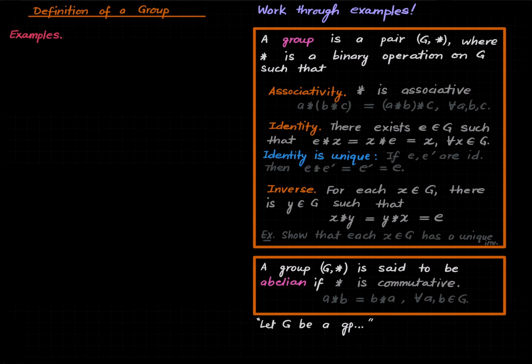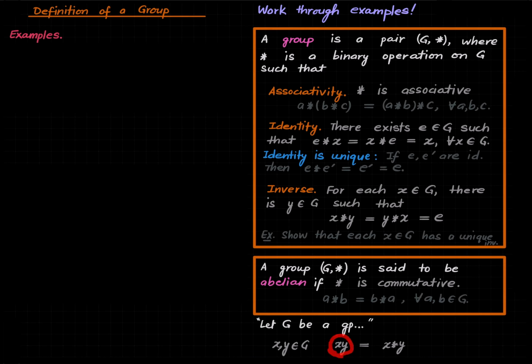Also, if X and Y are elements of G, we just write XY to mean X star Y. This star will be written once we want to emphasize which binary operation we are using, but again, as I said, most of the times the binary operation in question is clear from the context.